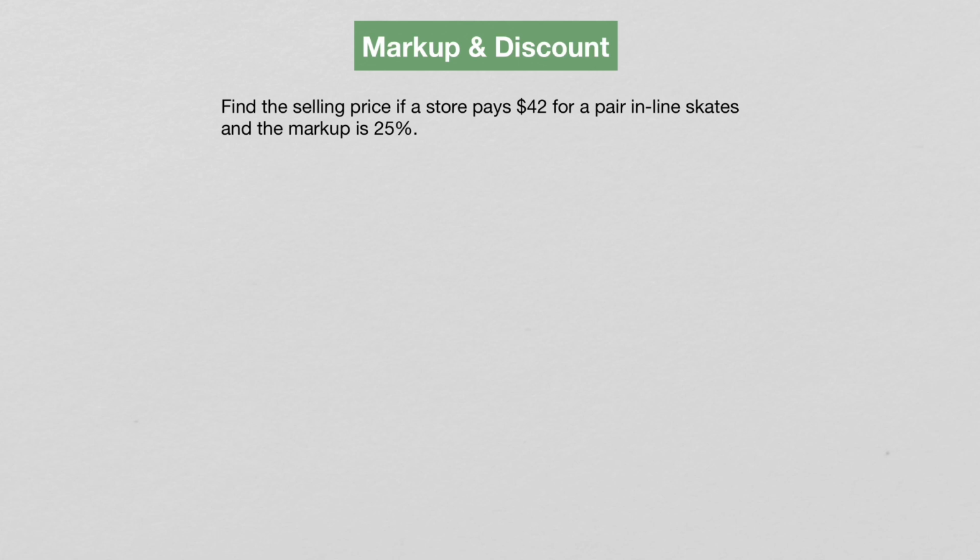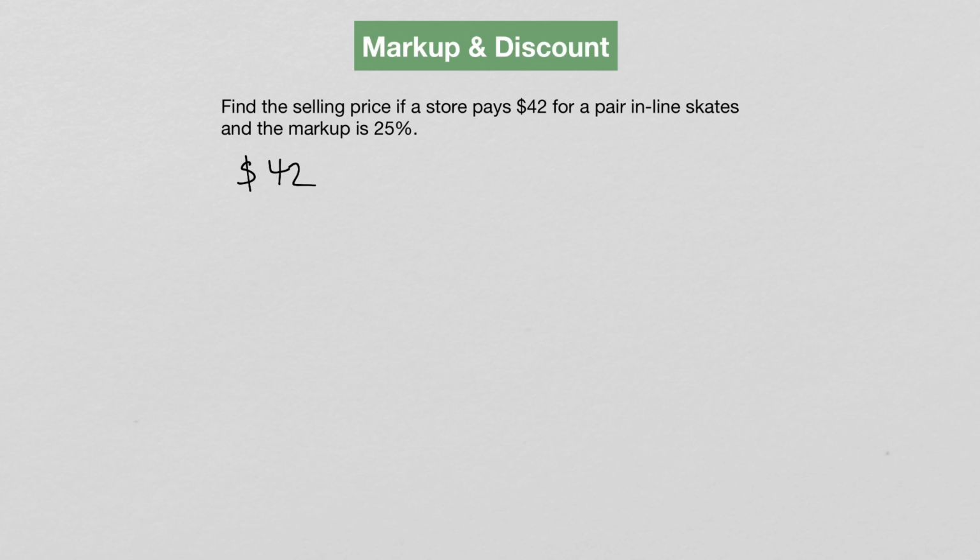Okay, so that is their cost, $42. And the markup is 25%, so they're going to sell it for more than $42 by a markup of 25% or an increase of 25%.